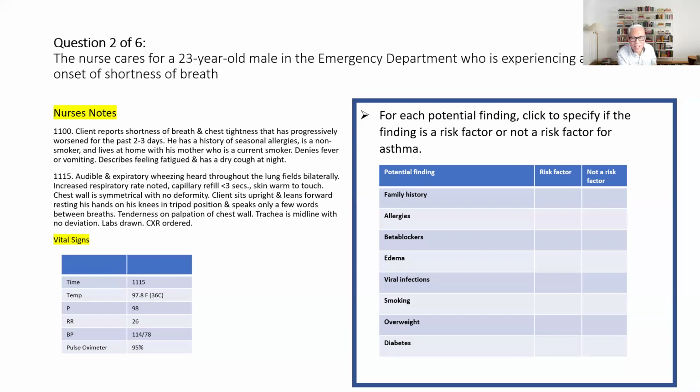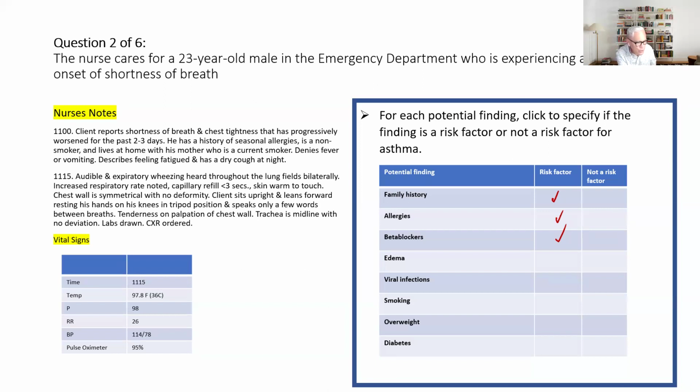Okay, so let's take a look at the risk factors. All right. So your risk factors would include family history. That would be a risk factor, right? A history of allergies would also be a risk factor. Beta blockers would also be a risk factor because, remember, beta blockers are going to cause bronchoconstriction. And then what else?